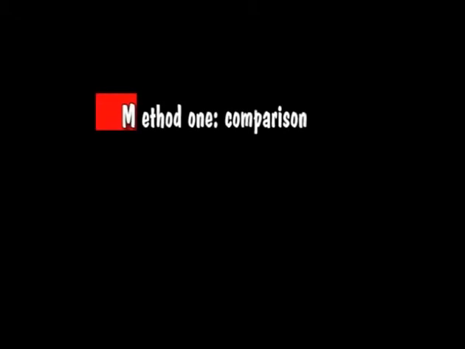Method 1. Comparison. The first method lies in comparing the meaningful gesture with the scheme of beats to a bar. It so happens that a student comes to a lesson with a piece of music he believes he has prepared well. He thinks his gestures are very significant and expressive.